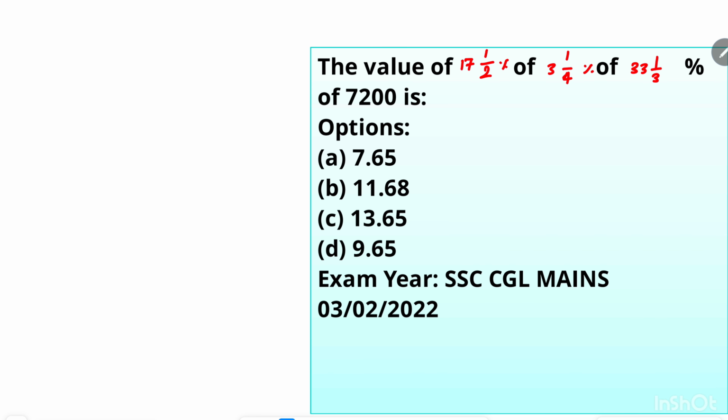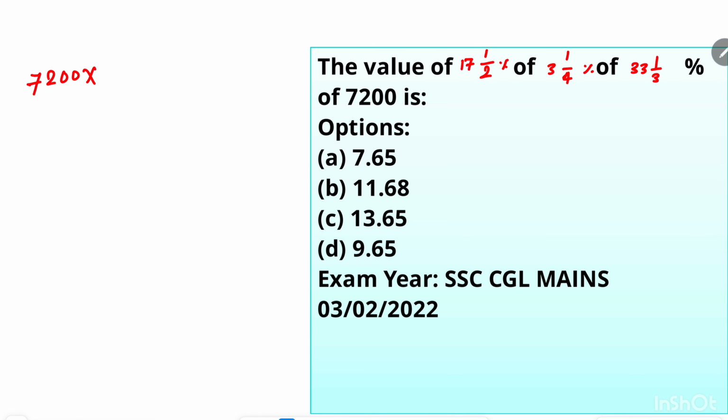Already there. Now it is asking the value of 17.5%, 3 and 1/4%, and 33 and 1/3% of 7200 is what? So this is the question.